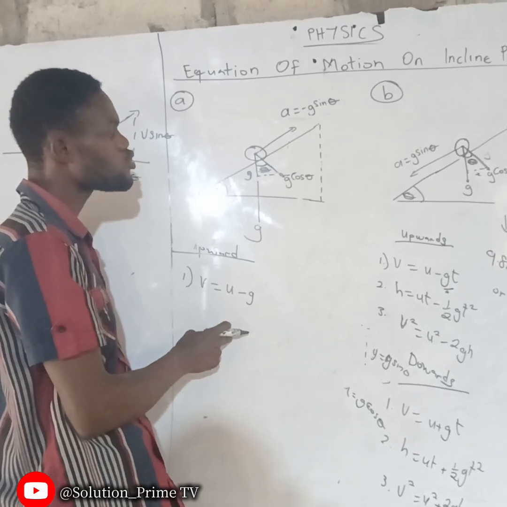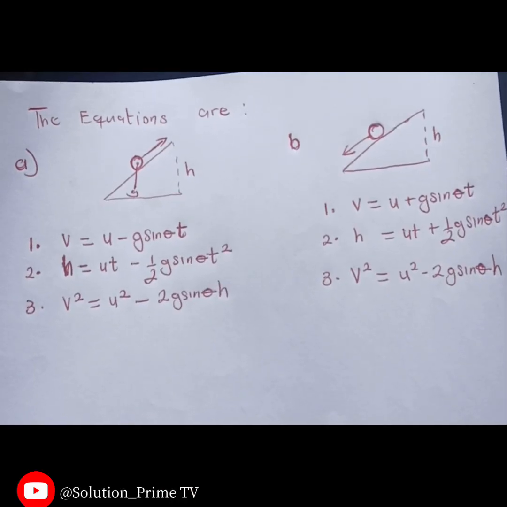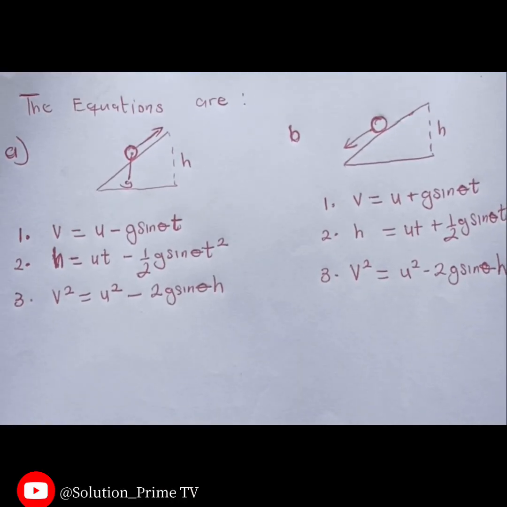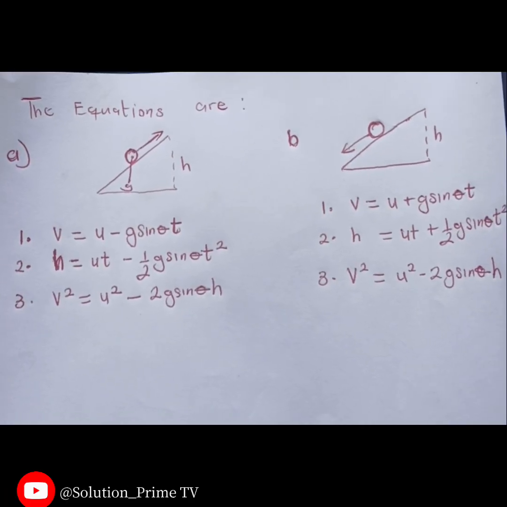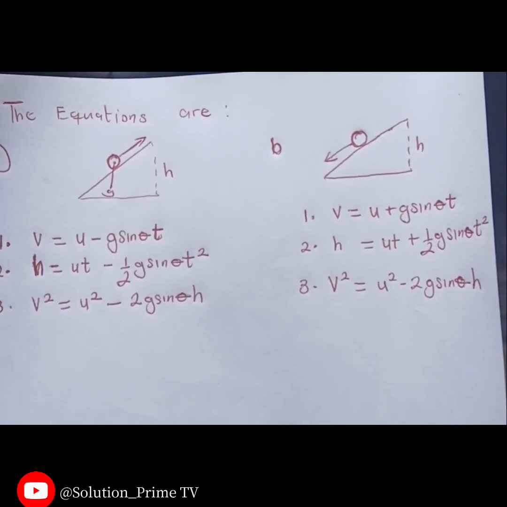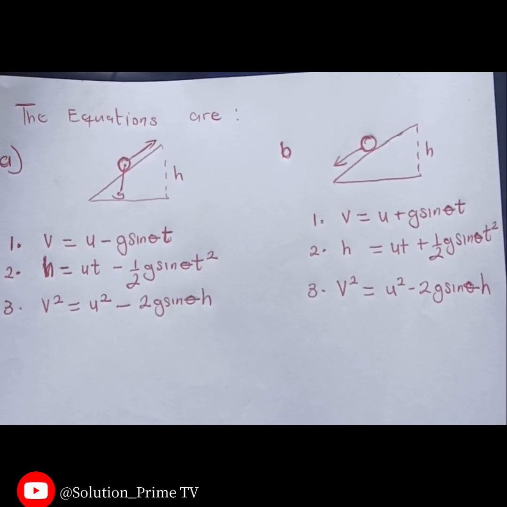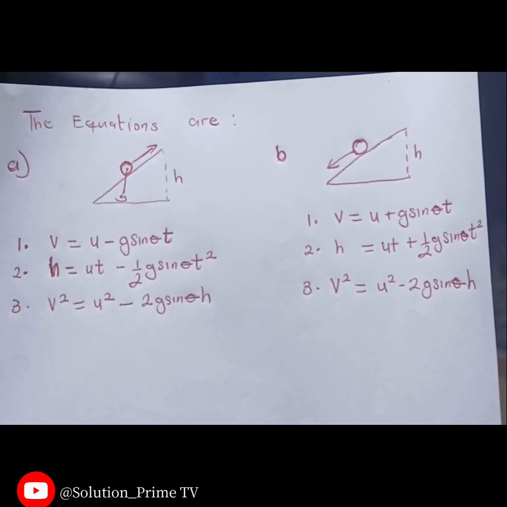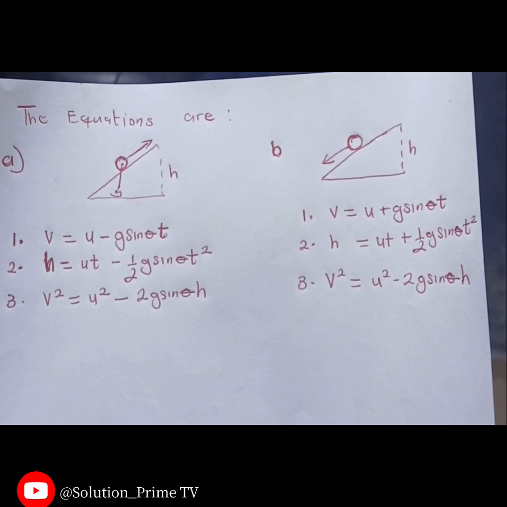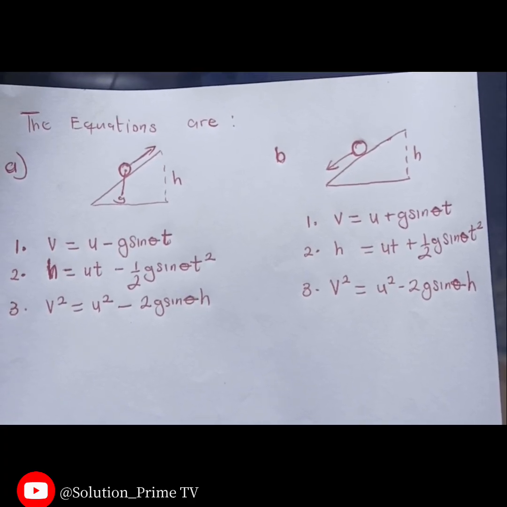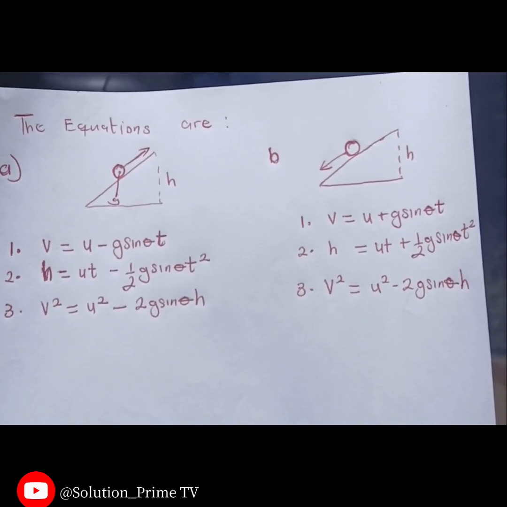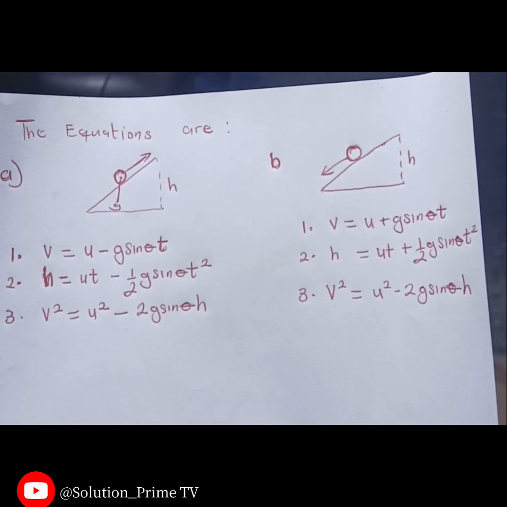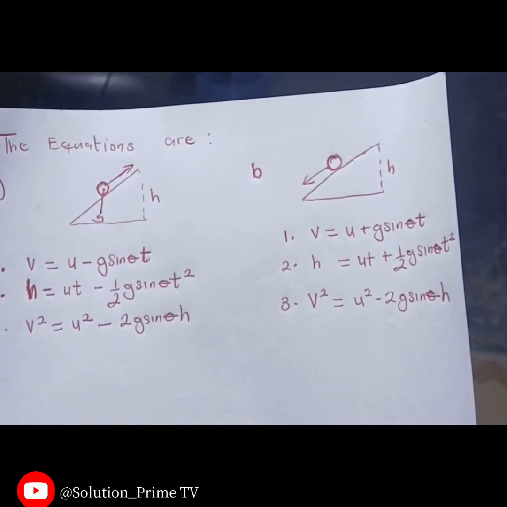Okay, so the equations of motion on an inclined plane making an angle theta, for a body moving upwards, that is A, we have v is equal to u minus g sine theta t, h is equal to ut minus half g sine theta t squared.